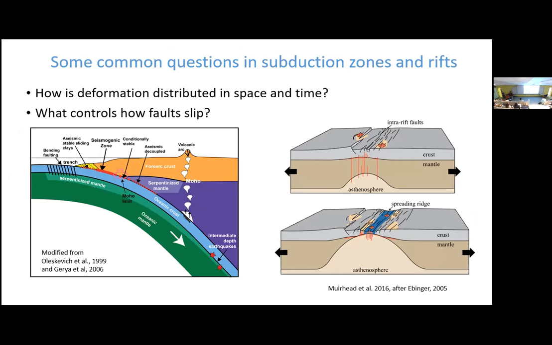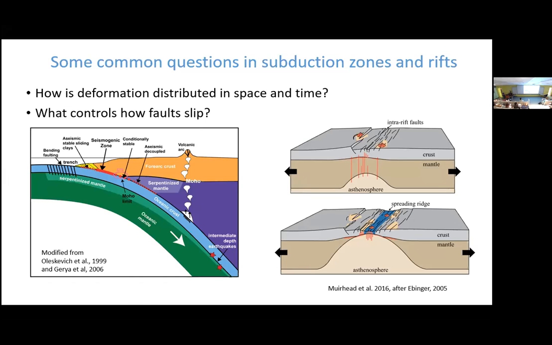So we can look at these two different systems, subduction zones and rifts, and obviously they're different in many ways. But a couple of the common questions we can ask about both of these places is how is deformation distributed in space and time? So in these two cartoons, hopefully you recognize the left one as a subduction zone. And so how is deformation occurring both on the megathrust, but in the overriding and subducting plates, and how does that evolve?